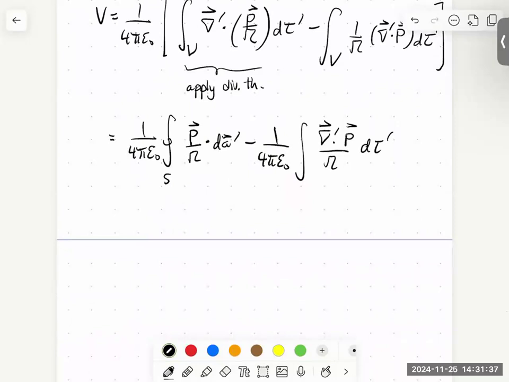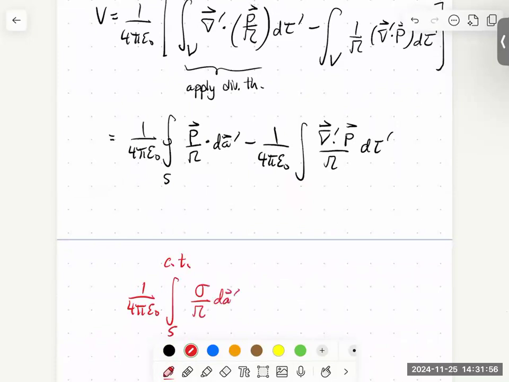Okay, so I want to compare the first term to 1 over 4 pi epsilon naught, the integral of sigma over r dA prime.